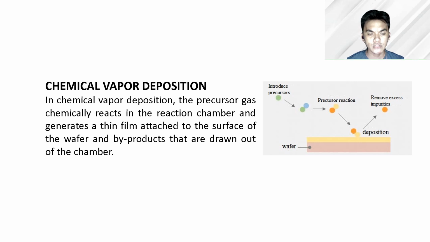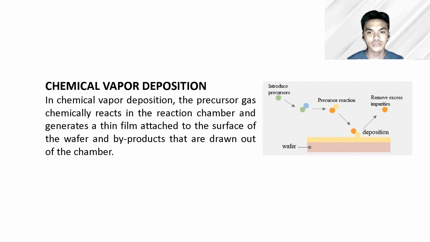Chemical vapor deposition is where the precursor gas chemically reacts in the reaction chamber and generates a thin film attached to the surface of the wafer and byproducts that are drawn out of the chamber. Plasma-enhanced chemical vapor deposition requires the use of plasma to generate reactive gas.